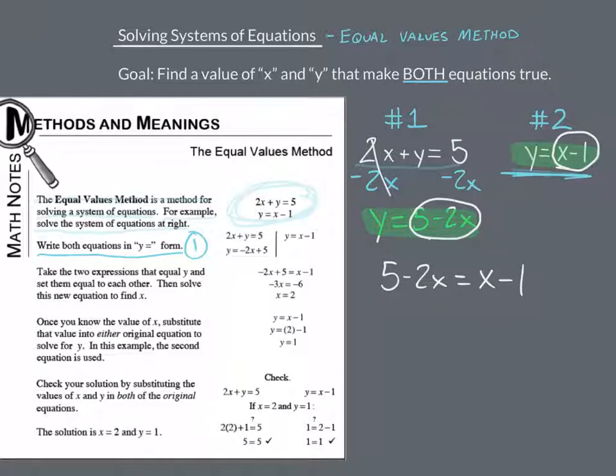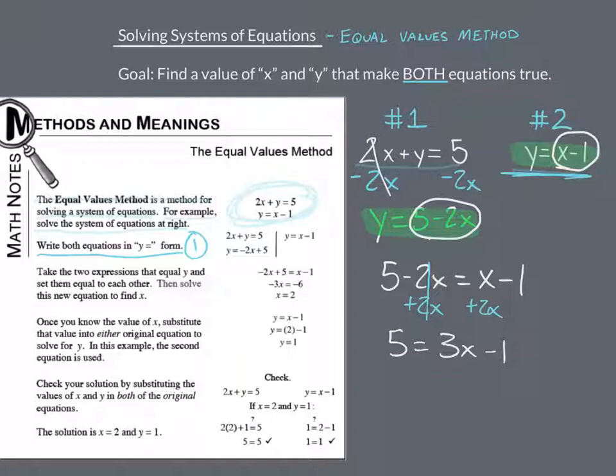Our next piece says to solve the new equation for x. So now we're just going to solve this for x. I'm going to add 2x to both sides. That will cancel out those. Then we'll have 5 is equal to 3x minus 1.